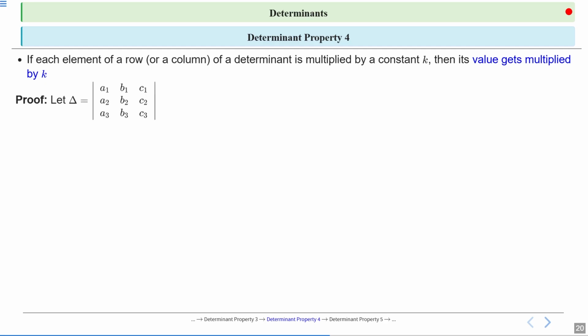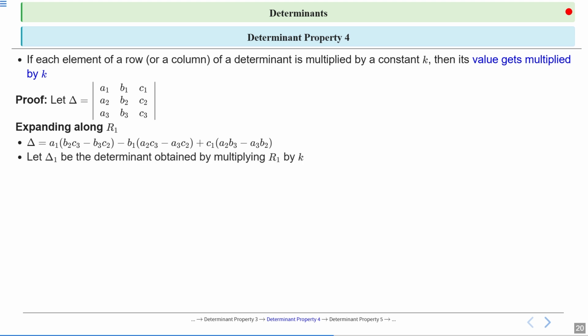So let's consider a determinant of order 3 cross 3, that is a1, b1, c1, a2, b2, c2, a3, b3, c3. Now expand along R1 to get the determinant of that matrix. We just expand along the first row. Okay, now let determinant delta 1 be the determinant obtained by multiplying the row R1 by a constant k.